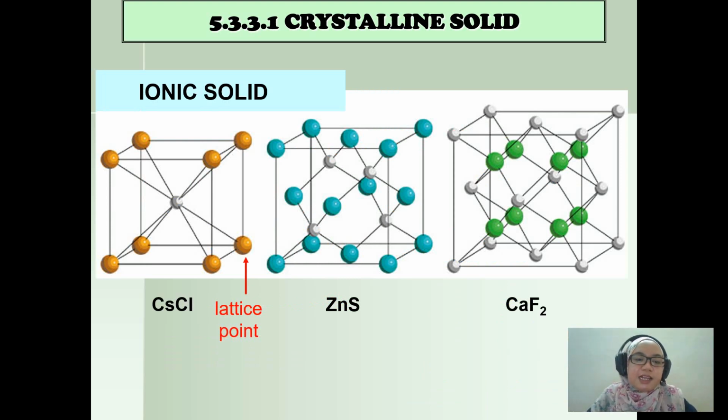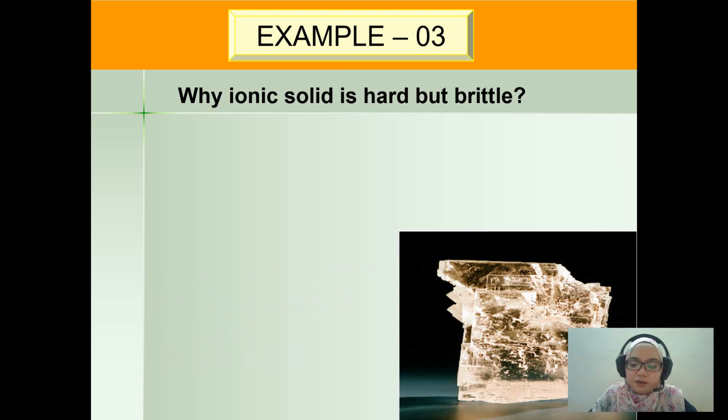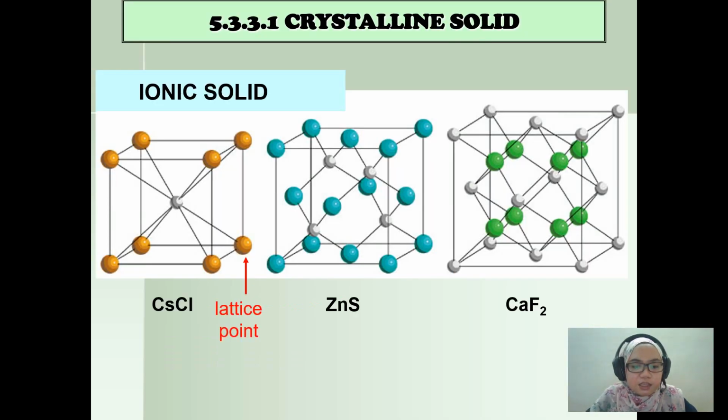Dia ada lattice point dia, dekat hujung bucu-bucu ni. Itu lattice point dia. This one ada banyak lattice point: 1, 2, 3, 4, 5, 6, 7, 8, 9. Yang paling banyak lattice point siapa, between ni dengan ni? Saya pun tak sure. Tapi tak apa, yang ini kita tak explain more detail for this part.